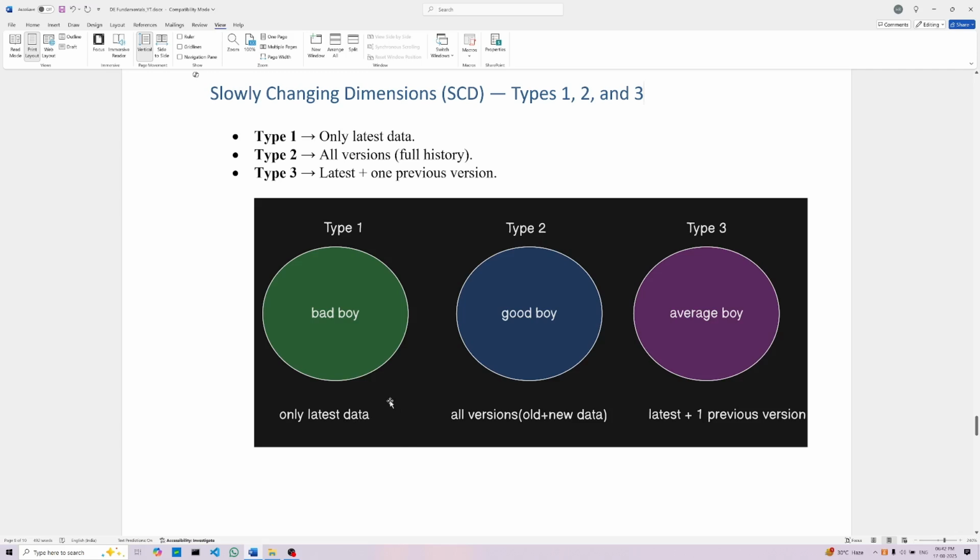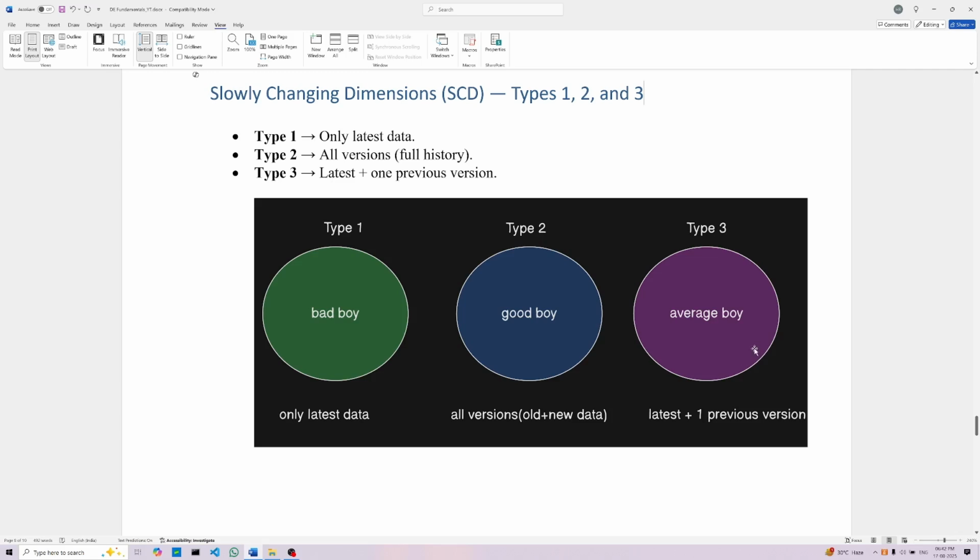Type 2 is the good boy. So he stores all the versions of the table, old data plus new data. And type 3 is the average boy. So he stores the latest version of data plus one previous version.